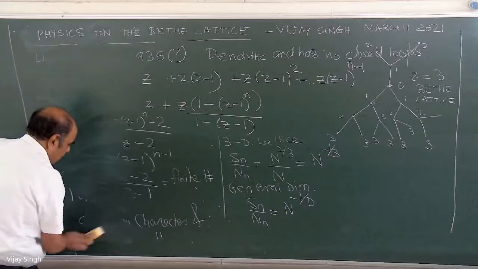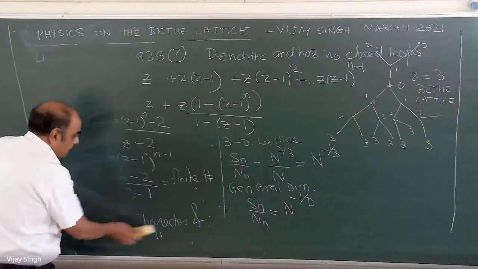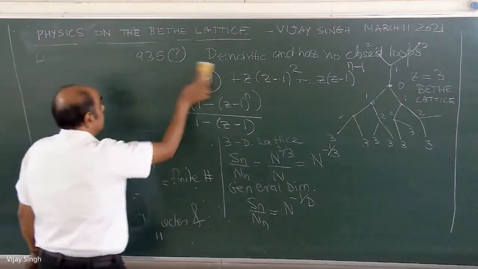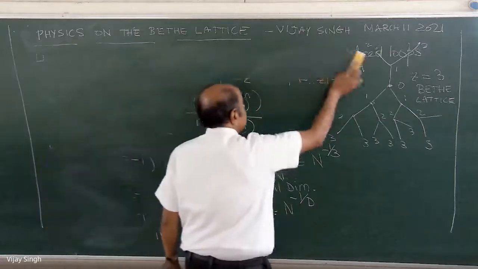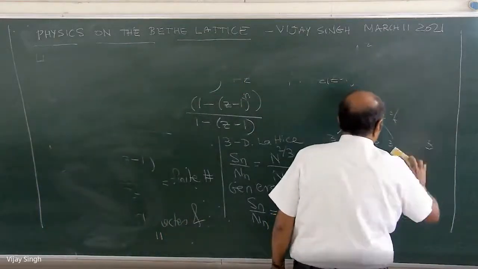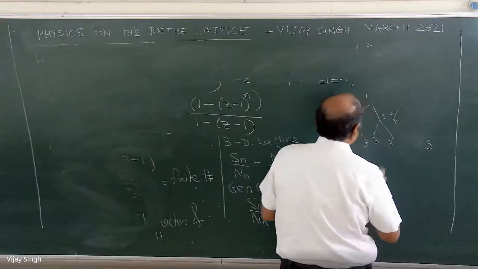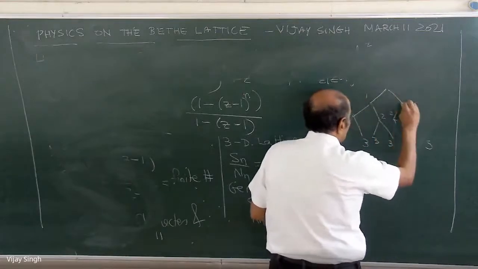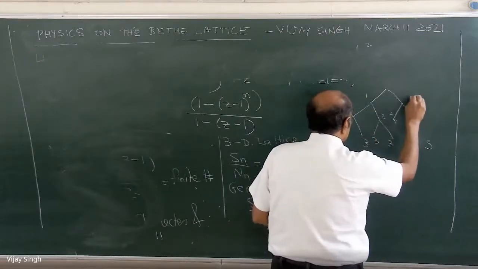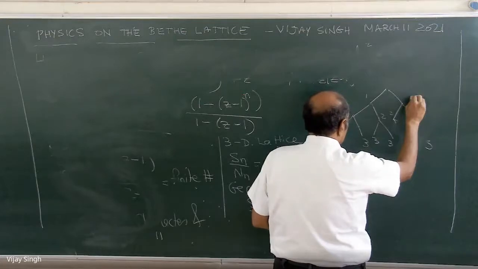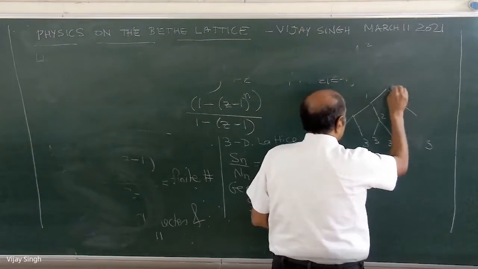I just mentioned in passing that there are other lattices people have invented, and I wanted to draw one of them for you. Oh, I can't. I erased something that was very important. I just can't afford to erase this. So this was what here? This was 1. This was 0.